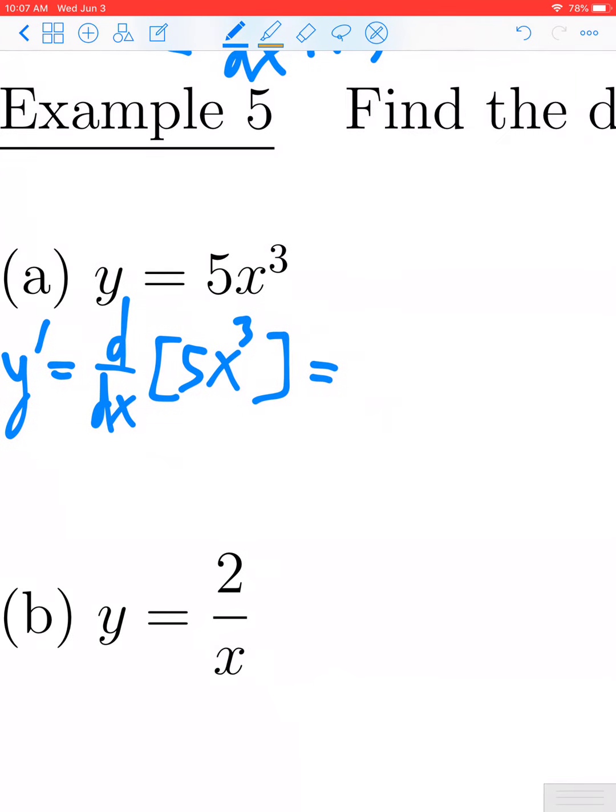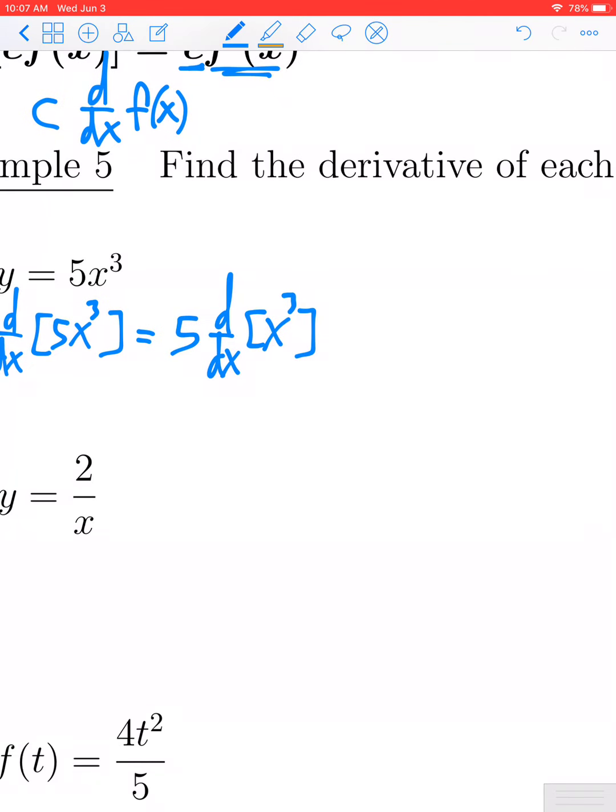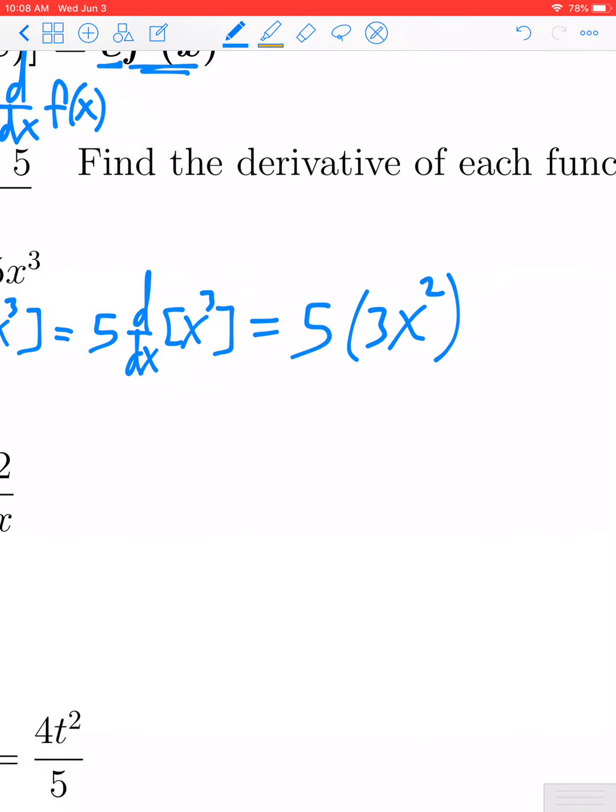The constant multiple rule says I can take that constant 5 and move it to the outside. It's going to be 5 times the derivative of x cubed. We know from a little bit ago that the derivative of x cubed, using our power rule, is 3x squared. Bring the power down, reduce the power by 1, and now we can multiply that derivative by the constant 5.